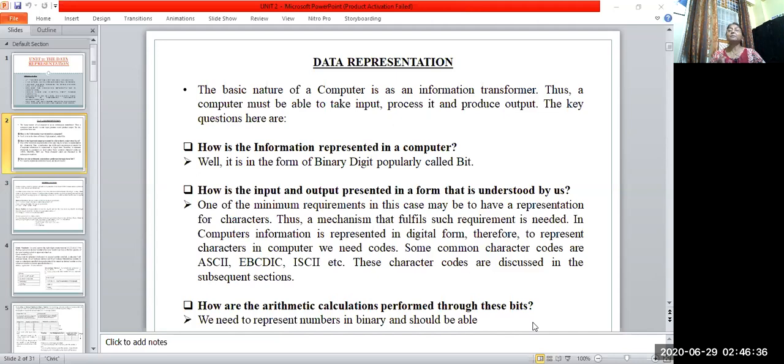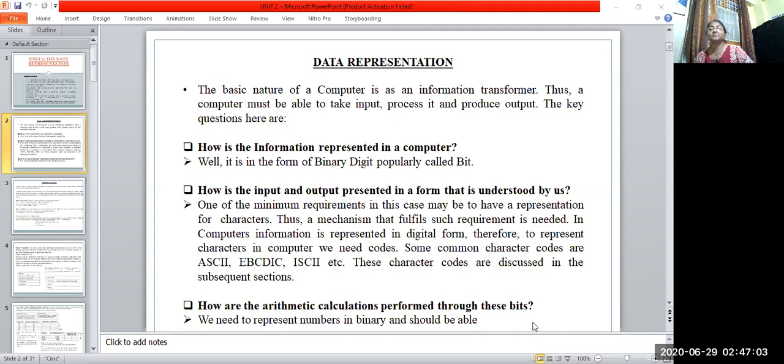Whatever arithmetical problem we give to the computer, it converts the data into binary, processing is performed on the binary data, and after processing it generates a binary output, which is then converted into our language, into our number system.